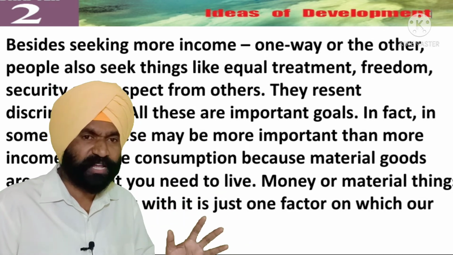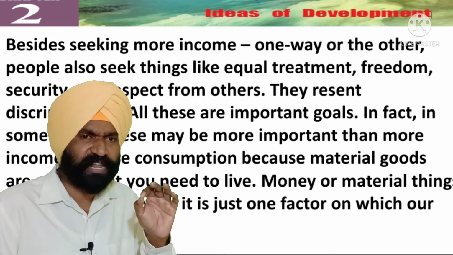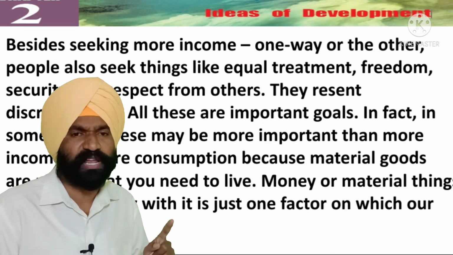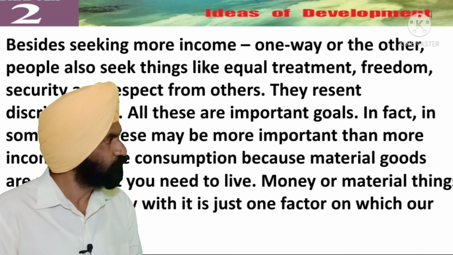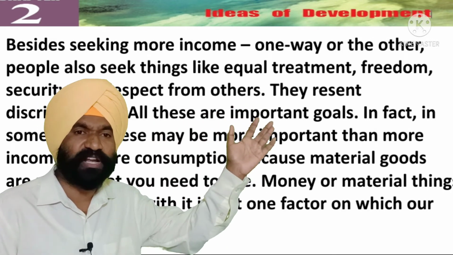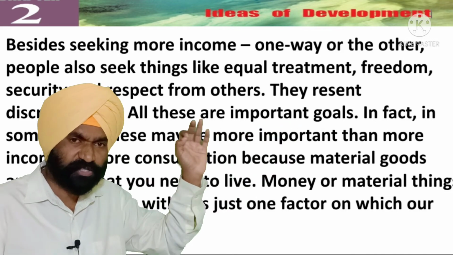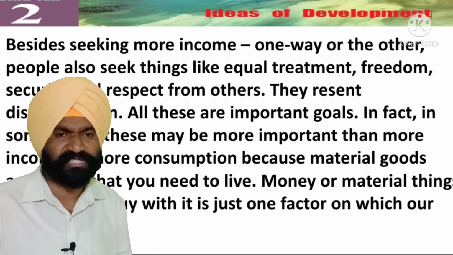But more income is only one criterion of the idea of development. Besides more income, we need certain things like freedom, security, respect in society, and equal treatment in society, which are also very important for a human being to sustain his life in society.